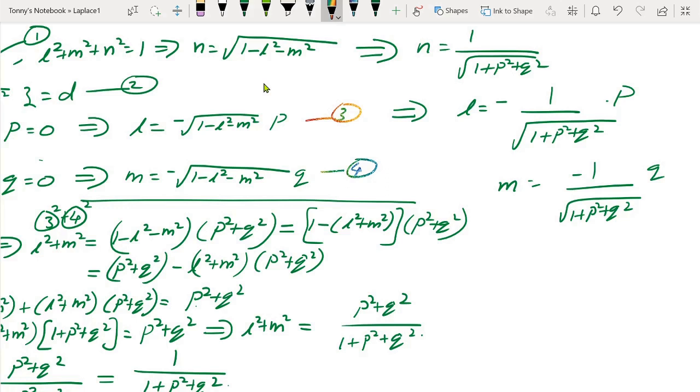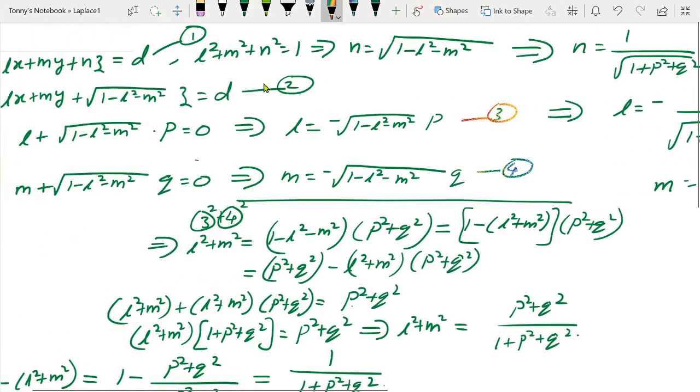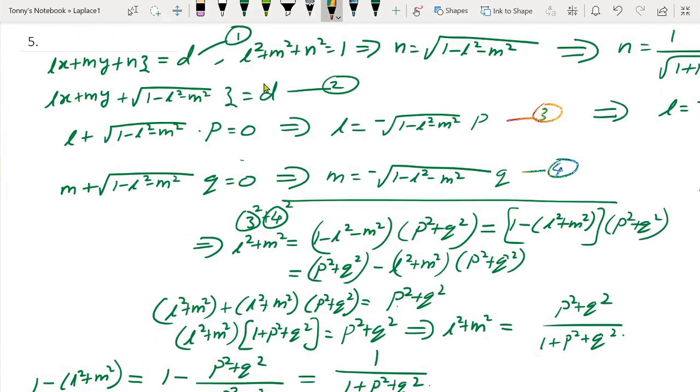Substituting this L, M, N in this family Lx plus My plus Nz equal to D, then we get the required PDE. Okay.